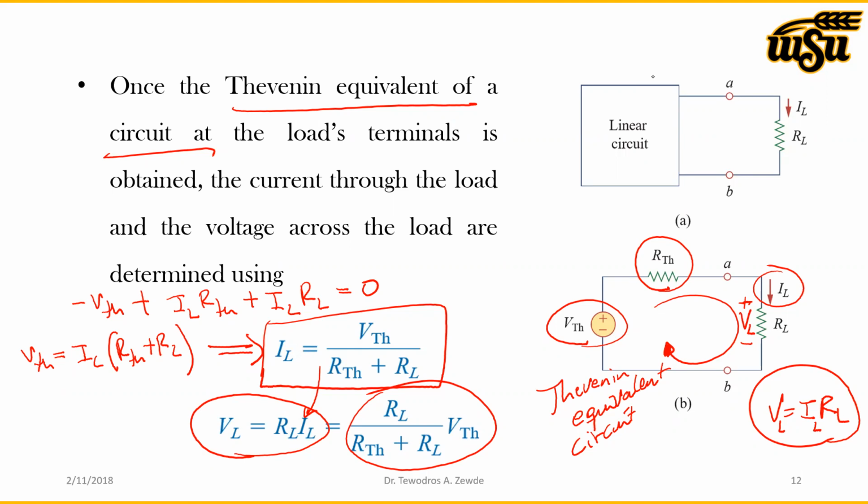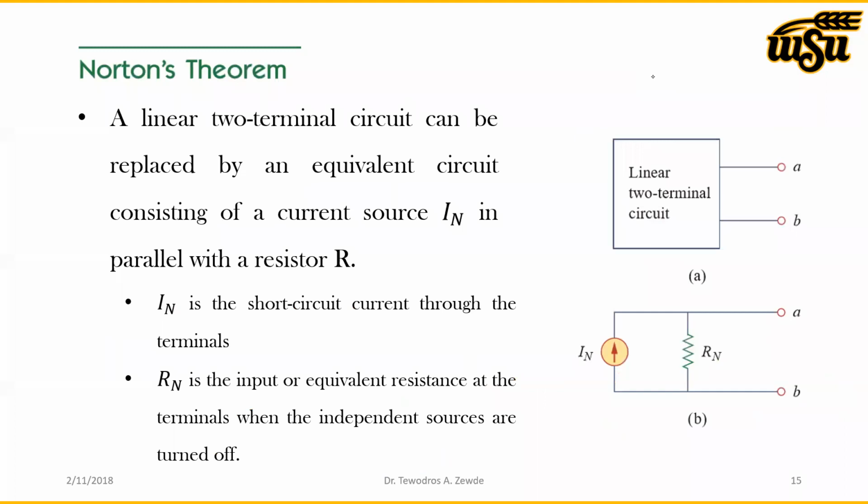We have another approach, which is Norton's theorem. In Norton's theorem, any linear circuit or network, a two-terminal network, can be replaced by one independent current source and a resistance. So that is Norton's theorem.